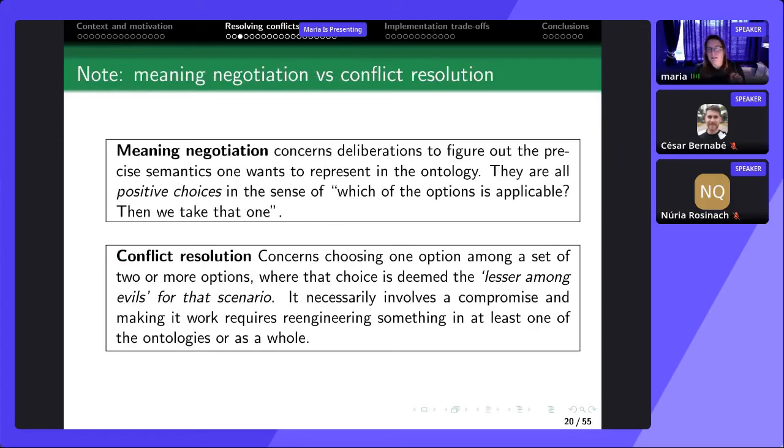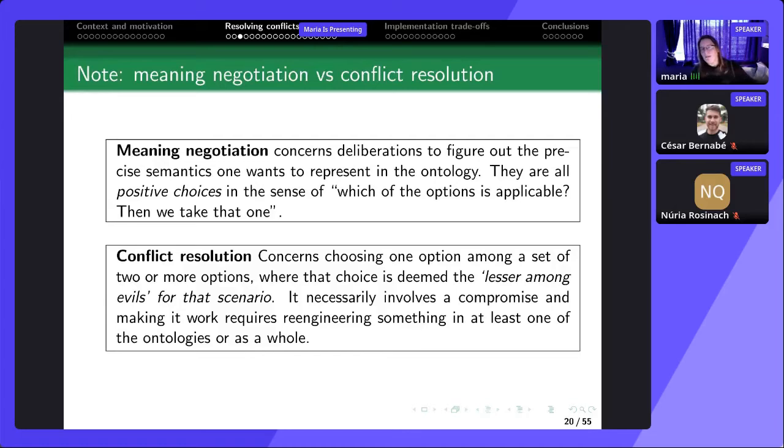Before I continue, there is a difference that I want to specify: a distinction between what we call meaning negotiation and conflict resolution. Meaning negotiation concerns the deliberations to figure out what you really want to represent, and they are all positive choices, knowing, okay, this is what should go into the ontology.